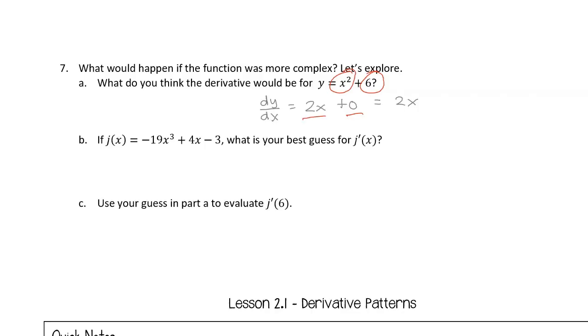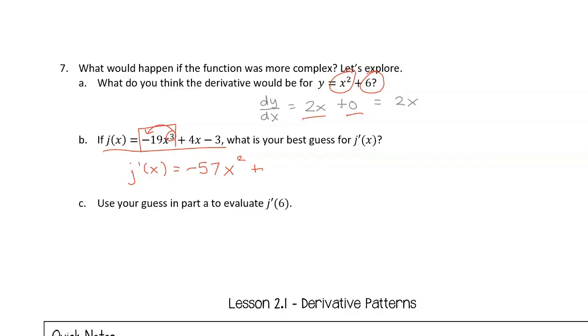Let's look at 7b. Here's our function j of x. So to find the derivative, j prime of x, I'm just going to take the derivative of each of these little pieces. So the 3 comes out in front and multiplies by negative 19. That's going to get me negative 57. Then the exponent is going to decrease by 1. So 3 minus 1 is going to be 2.